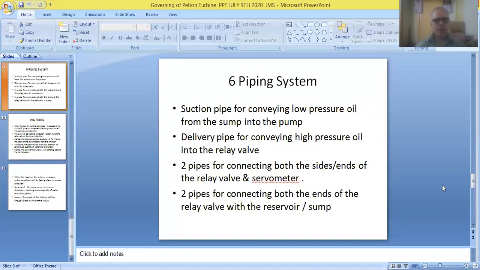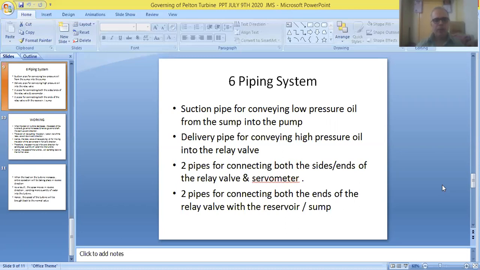A suction pipe conveys low pressure oil from the reservoir into the hydraulic pump. A delivery pipe conveys high pressure oil from the hydraulic pump into the first cylinder.